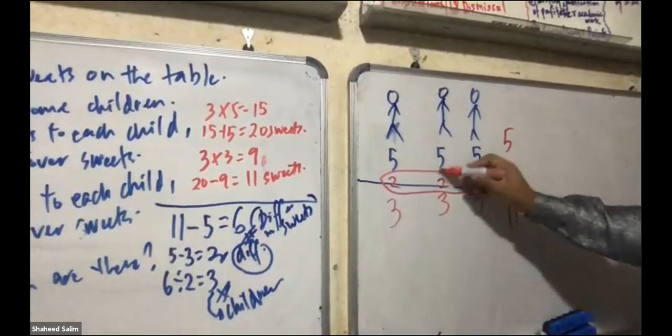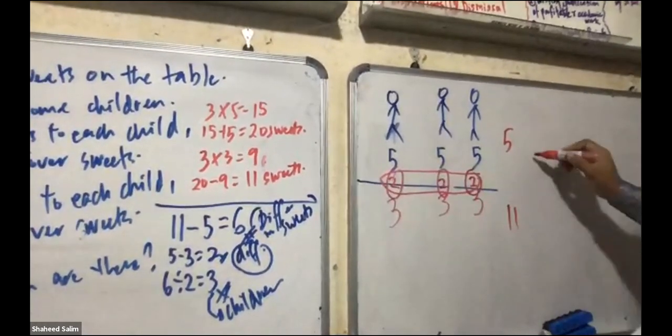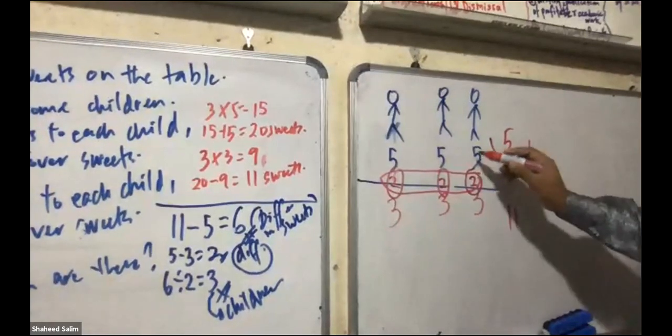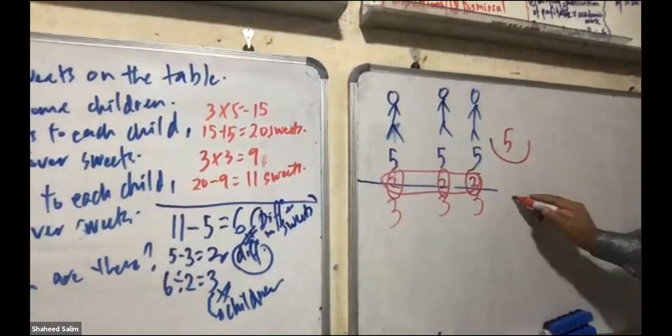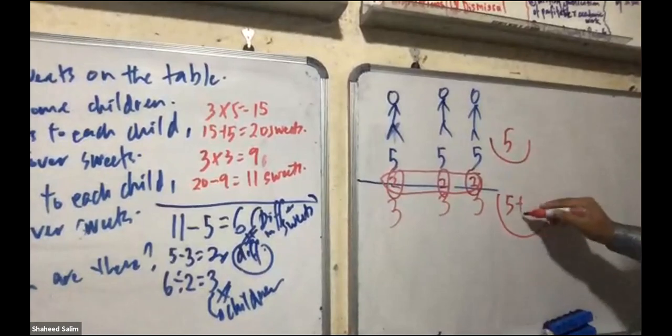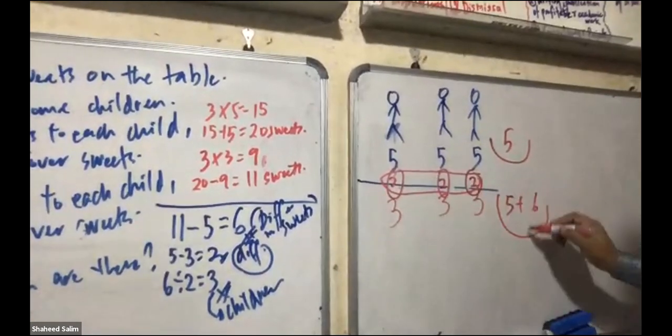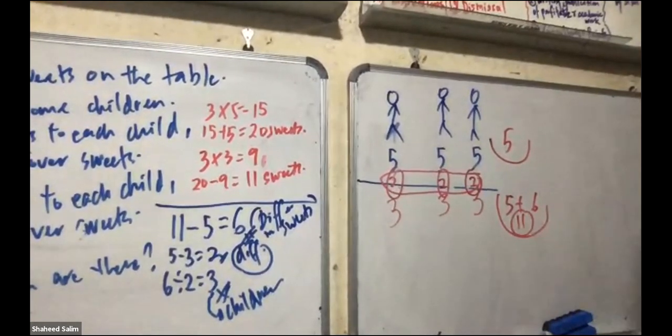Because 2 sweets per child come out of the bowl. At first, inside the bowl there were 5 sweets. Now down here there's 5, plus another 6. So that's why it becomes 11.